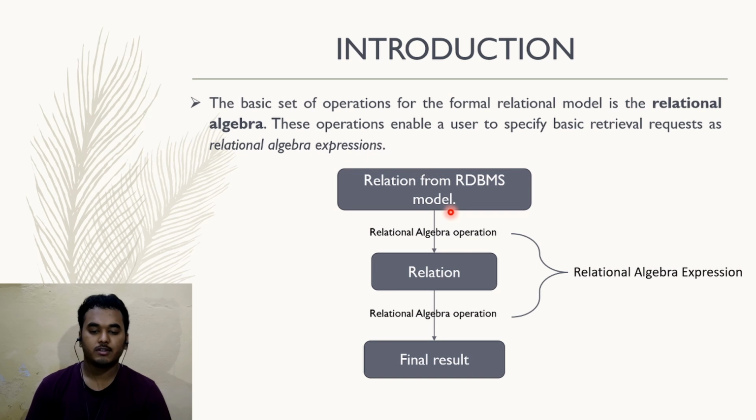So let us understand using a simple diagram. Here we have a relation from the RDBMS model. We can perform a relational algebra operation to get a certain relation, and we can again perform another relational algebra operation to get our final result. This sequence of relational algebra operations is known as a relational algebra expression.